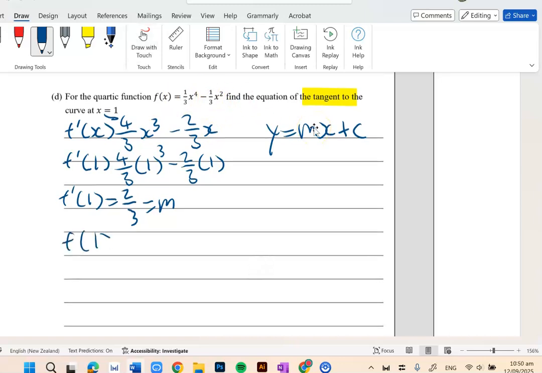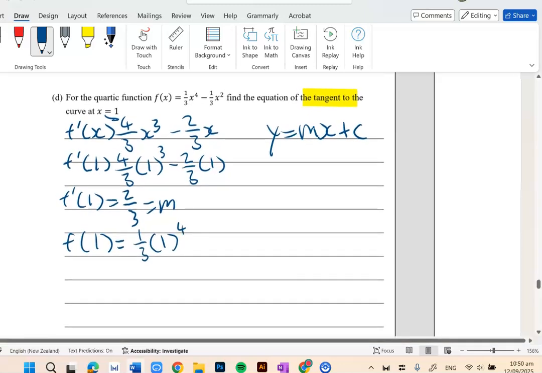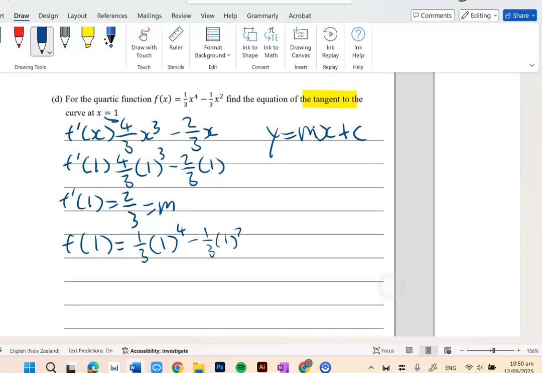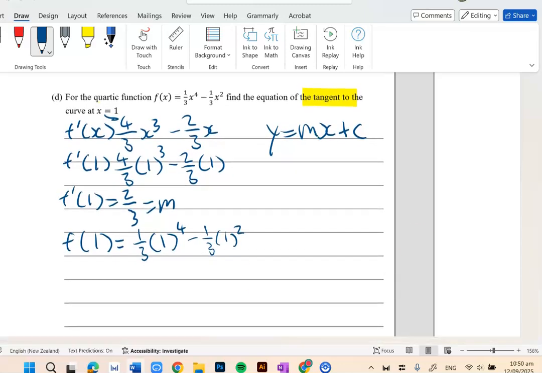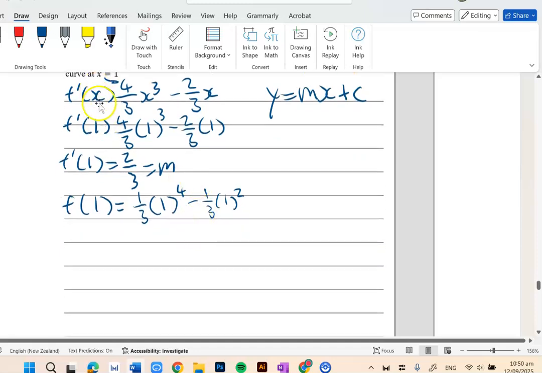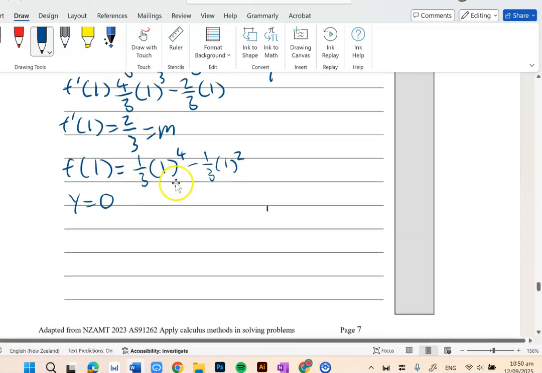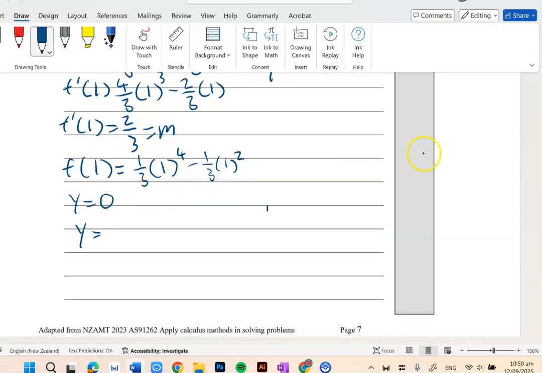So then f of 1 equals 1/3 times 1 to the power of 4 minus 1/3 times 1 squared. Doing that, you should get y equals 0, because these two will cancel each other out. So now we've got this equation, and we can just plug in the values we have to get c.